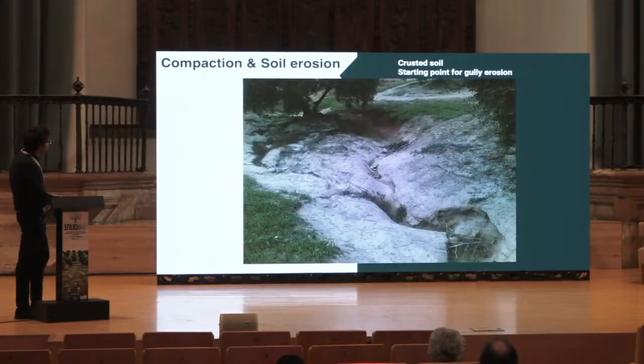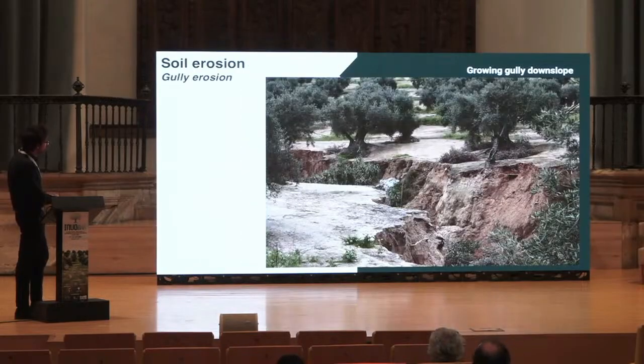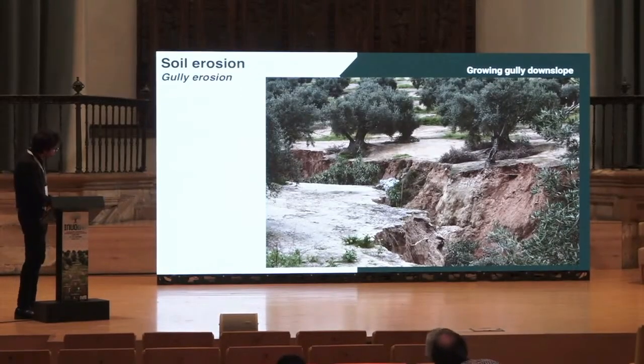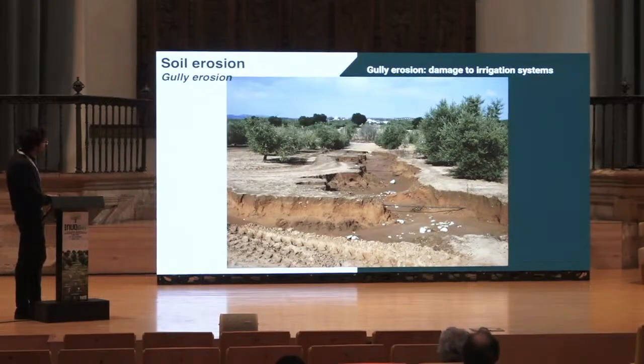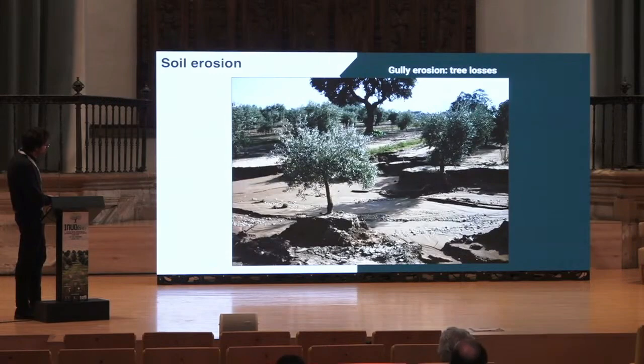Some more images. The crusted soil is the starting point not only for rills, but also for gullies, and the gully growing downslope, and the effects of gully erosion in the olive grove, even with the loss of trees.